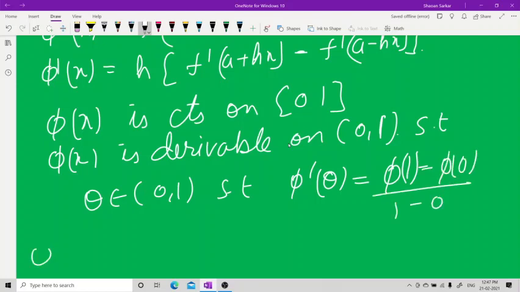So this is nothing but phi dash theta is phi of 1 minus phi of 0.